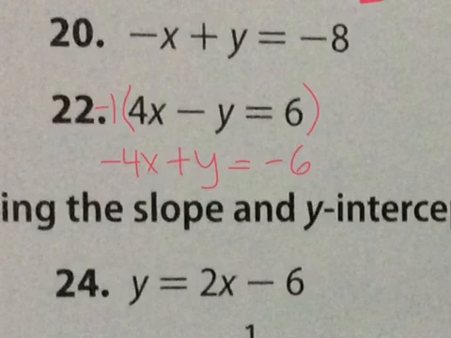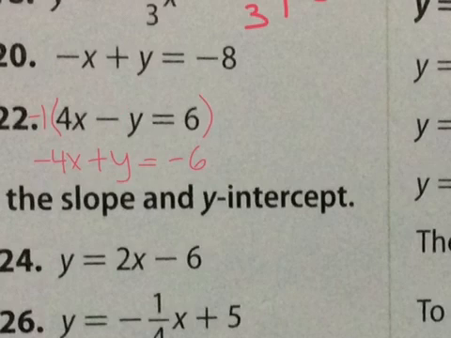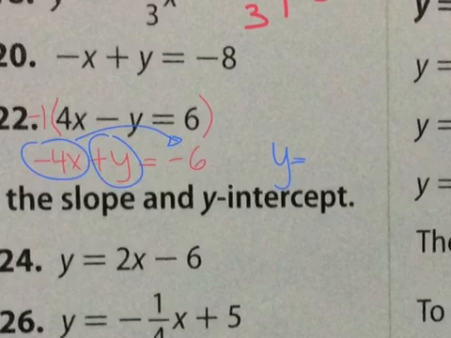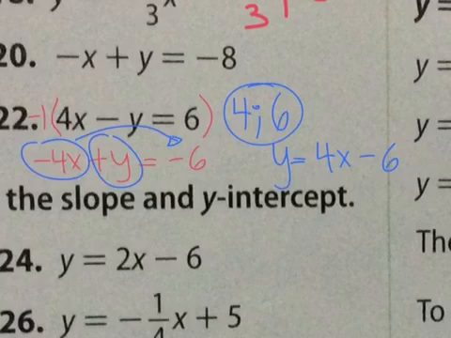Now that I've done that, I can move this negative 4x to the other side so that it looks more like this. I'll just have my y left, so y equals 4x, positive, it was negative on the other side, minus 6. Okay, so what's my slope? My slope is 4 and my y-intercept is negative 6, and that's your answer.